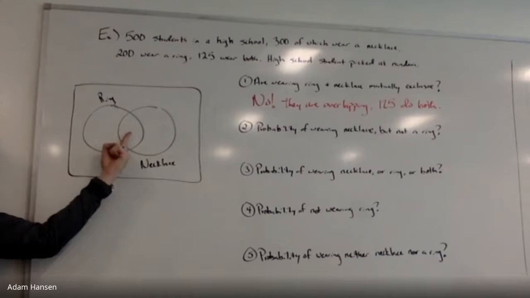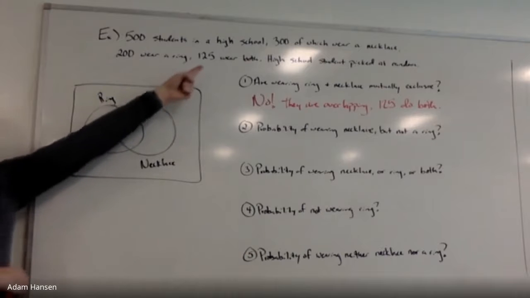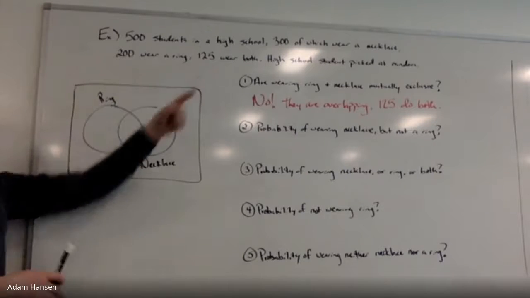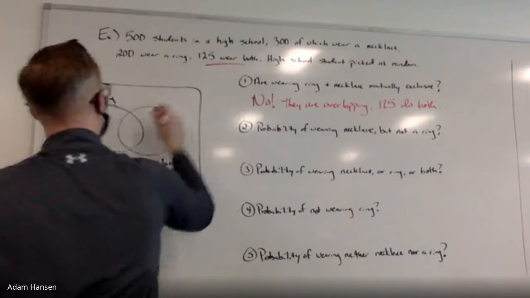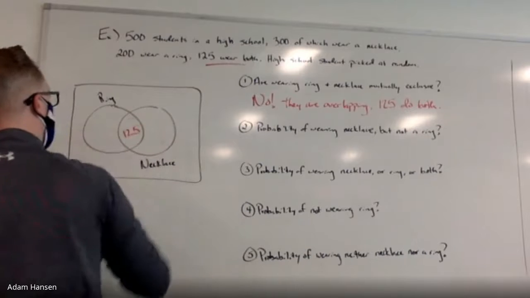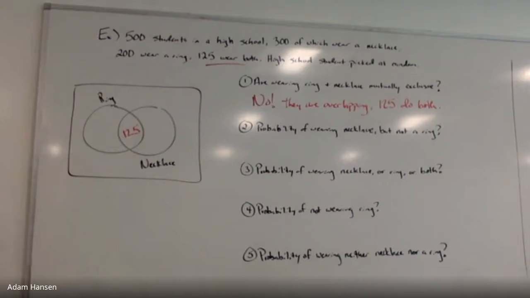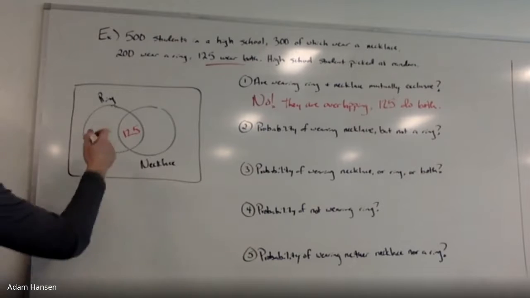How many students wear both a ring and a necklace? 125 do both. We're going to put some values inside this Venn diagram to help us answer some of these different probability questions. Zoe, how many students wear a ring? 200. All right, so in the ring circle, 200.